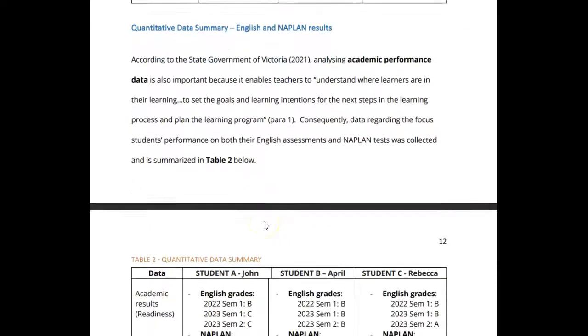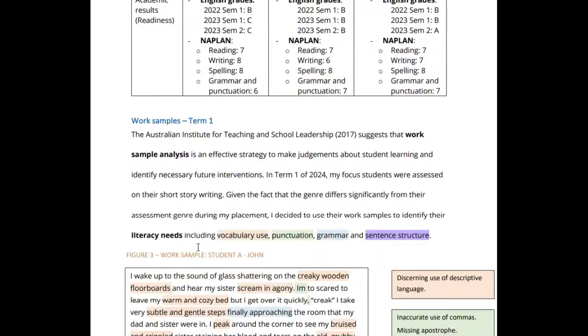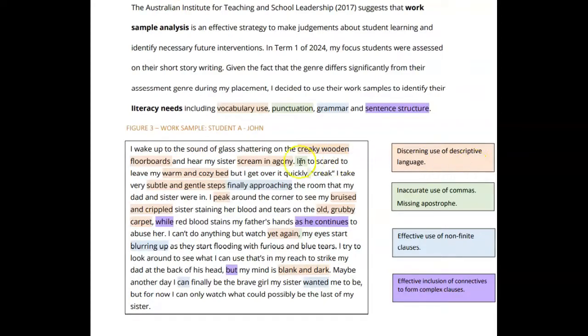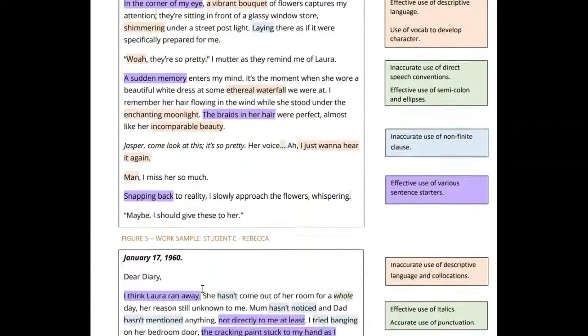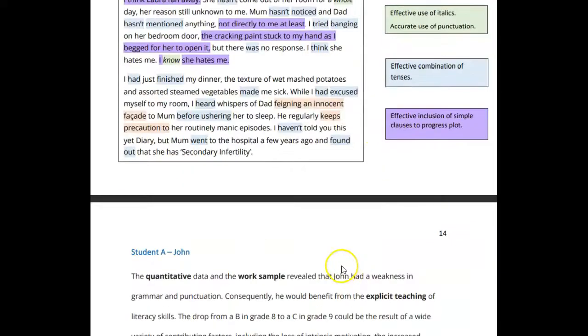Quantitative data, so then they look at their focus students and basically extracted their focus students from the whole class data. Work samples were collected as like a pre-test going forward, and here's some annotations on the work samples for each focus student, and you see some commentary over to the side here.